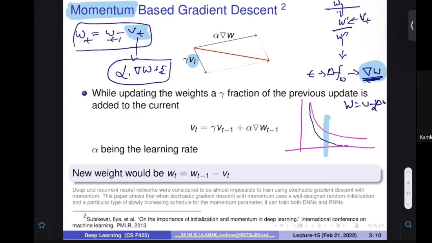Once again: how much you changed in the previous step, and what the gradient is suggesting, and then you properly weight them, how much weight you want to give to the previous thing and how much to the current thing. Using this you find out how much you have to update, and then you say that wt is equal to wt minus 1 minus this quantity vt.